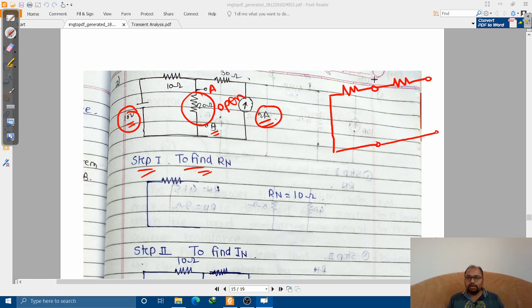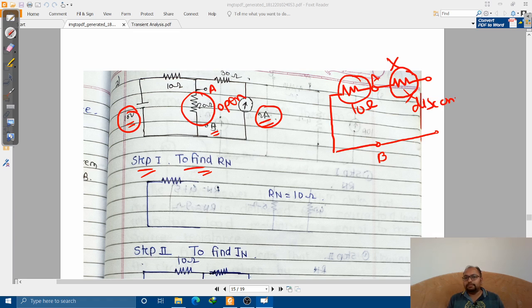So I need to find out the resistance present between these 2 points. Remember that no amount of current is going to flow through this, so simply we can say that this is disconnected from the network. So the total or equivalent resistance present is nothing but 10 ohm.